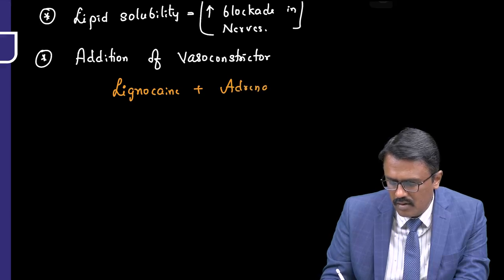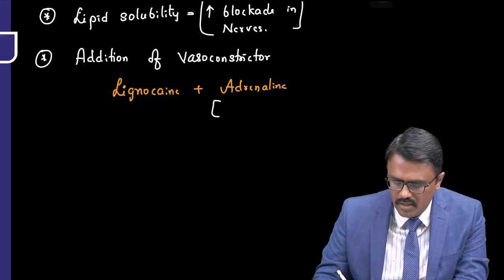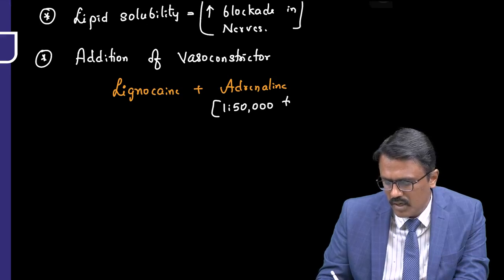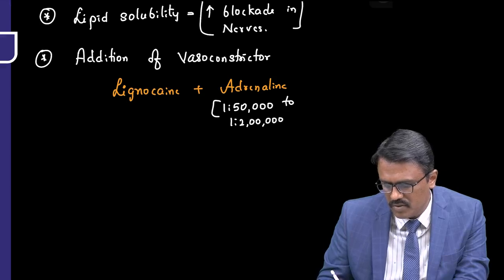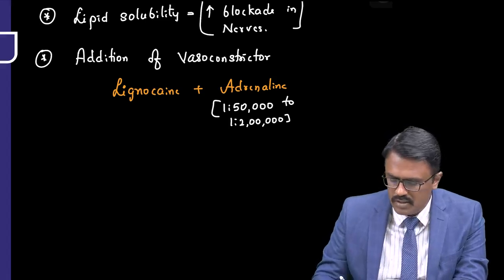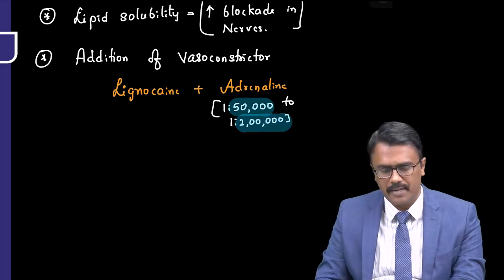Adrenaline is a local vasoconstrictor here. Now the dilution ranges from 1 in 50,000 to 1 in 2 lakh. Sometimes it is used as 1 in 1 lakh, 1 in 80,000, 1 in 2 lakh. So the range along with local anesthesia is 1 in 50,000 to 2 lakh.